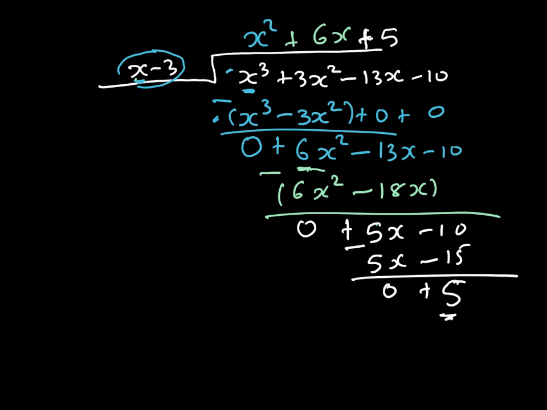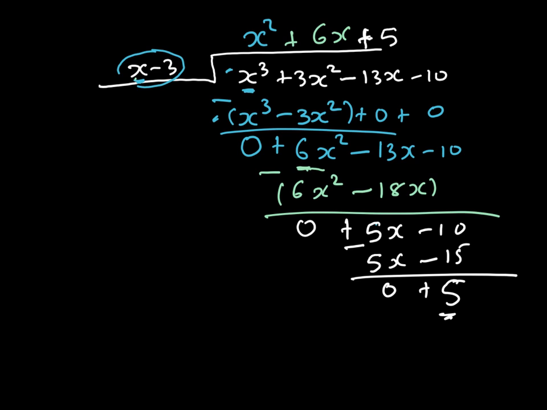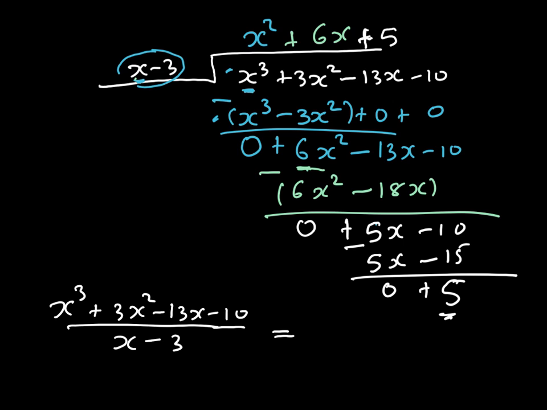So it will mean that if you get x cubed plus 3x squared minus 13x minus 10 and divide this by x minus 3, then you are getting x squared plus 6x plus 5, and your remainder is 5 to be divided by x minus 3.